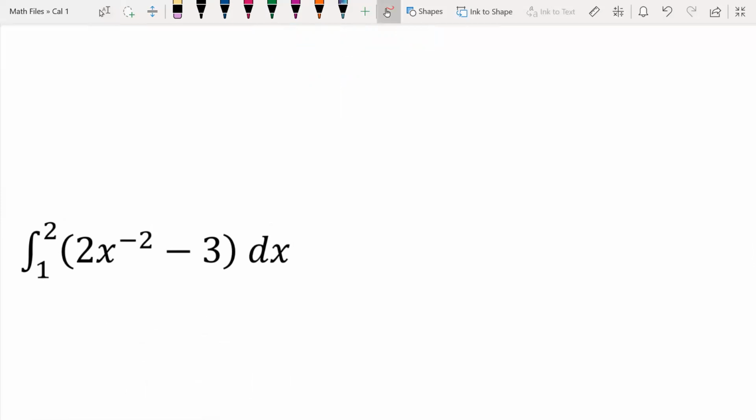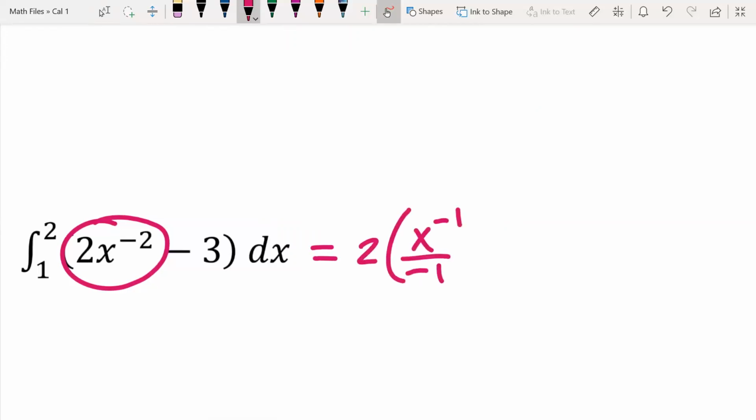Right. Integral from 1 to 2 of 2x to the negative 2 minus 3. Right. Start with the antiderivative of 2x to the negative 2. That's going to be 2x to the negative 1 over negative 1. And then the antiderivative of 3, 3x, from 1 to 2.